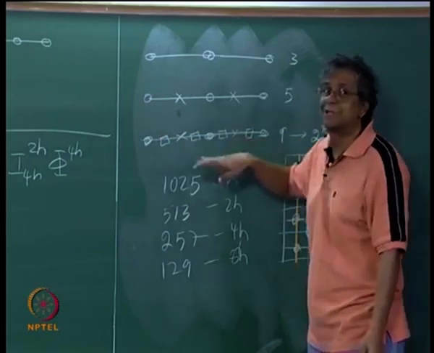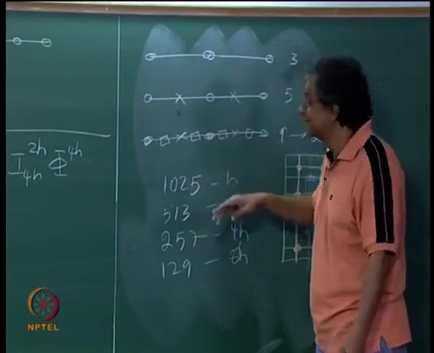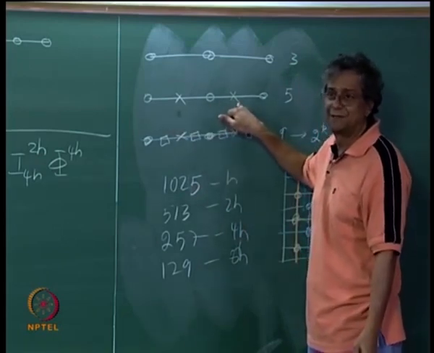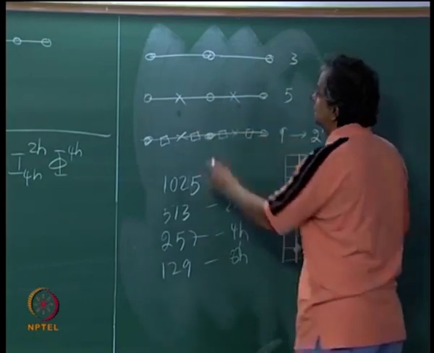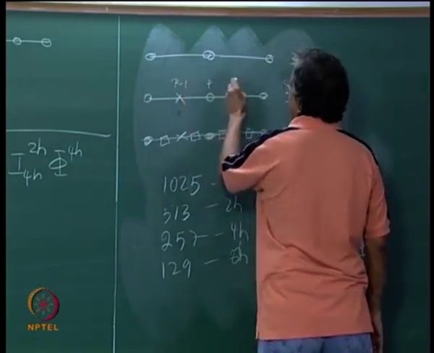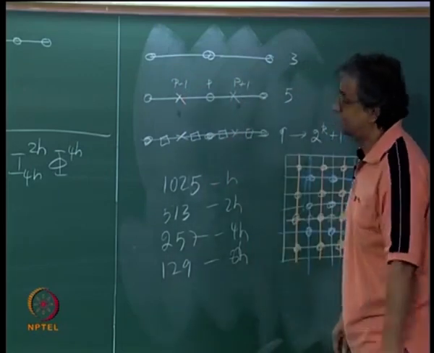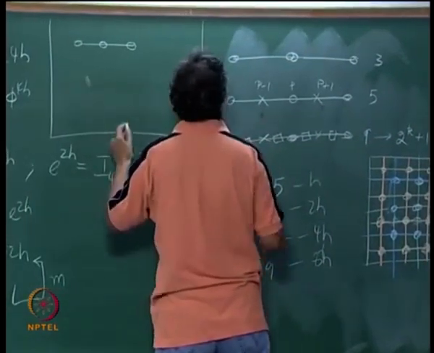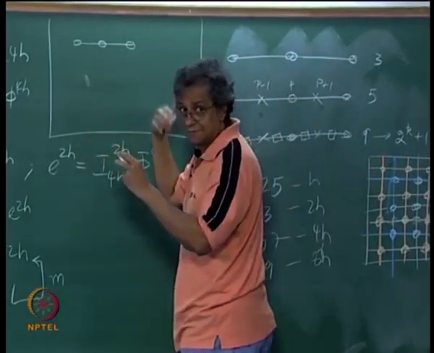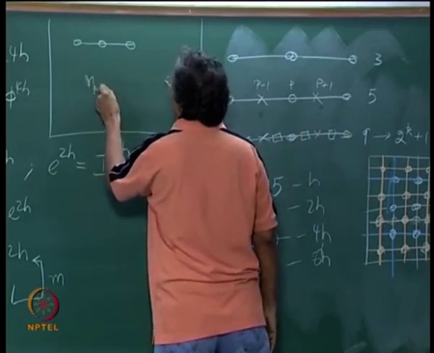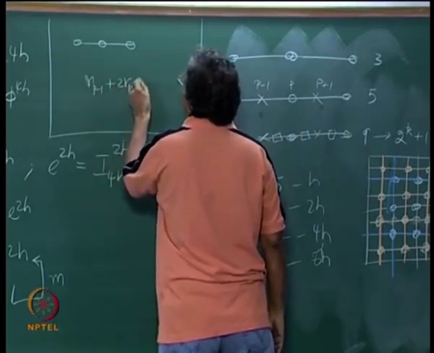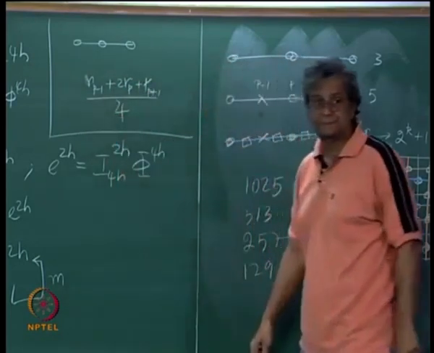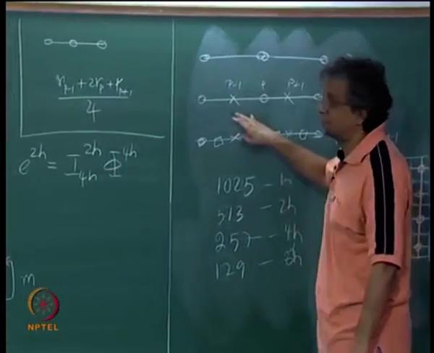Another way to do it, a better way, a little more expensive, we looked at it in the last class, you take the average, okay, a familiar average. If this is p minus 1, p, p plus 1, the average would be, we are going from where this is the residue, remember, r p minus 1 plus 2 r p plus r p plus 1 divided by 4 would give you the value at that point.